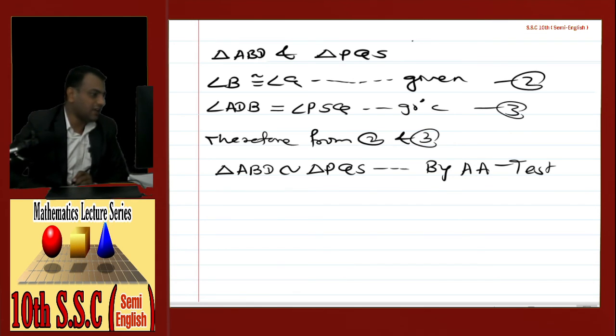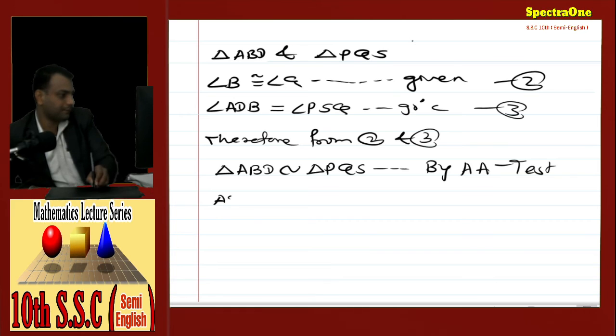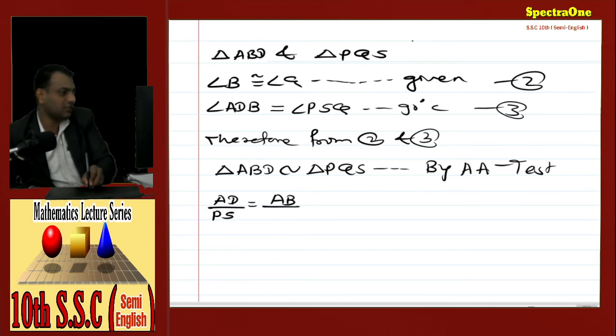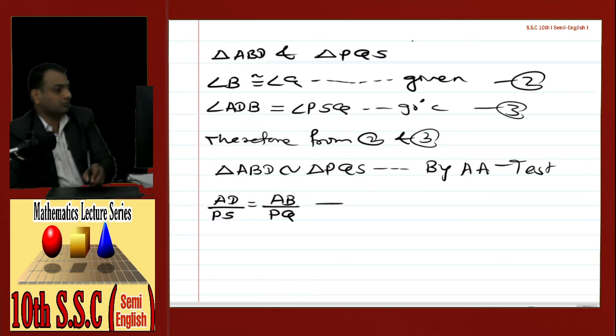When triangles are similar, then ratio of AD upon PS equal to AB upon PQ. This is equation number 4.